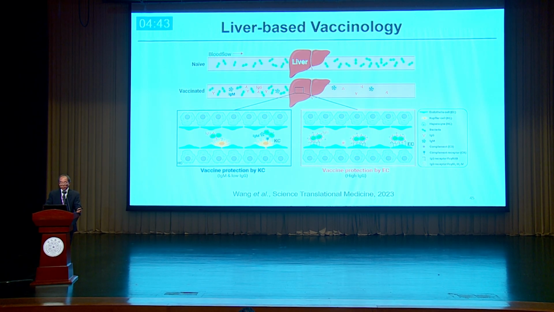However, if the vaccine can activate both endothelial cells as well as Kupffer cells, then it will yield a high level of protection. I think this has some implication in the future for how we can make better antibodies than others.